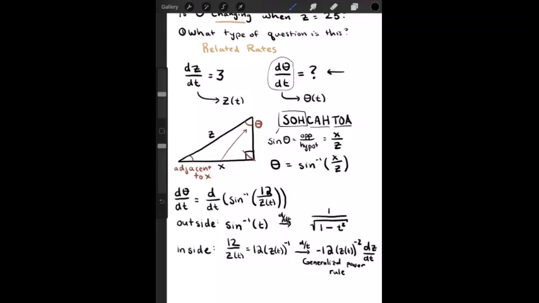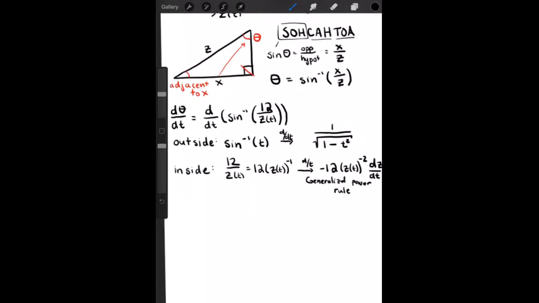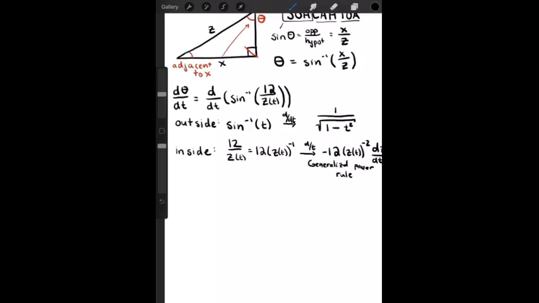Right, so continuing down, that means that we take the derivative of the outside with the inside plugged in.